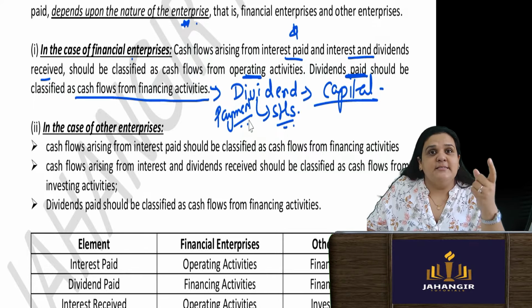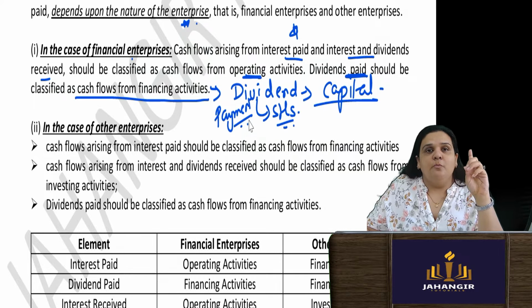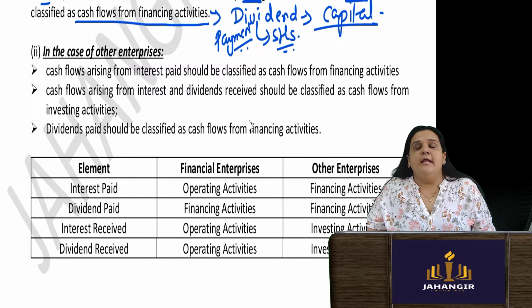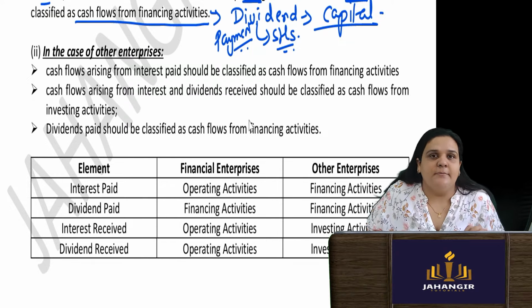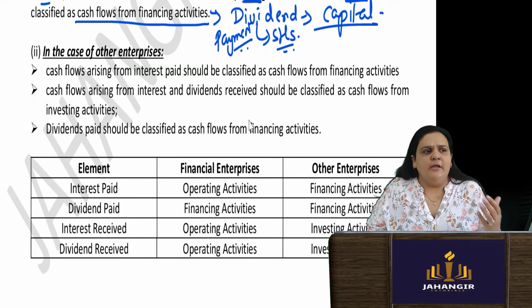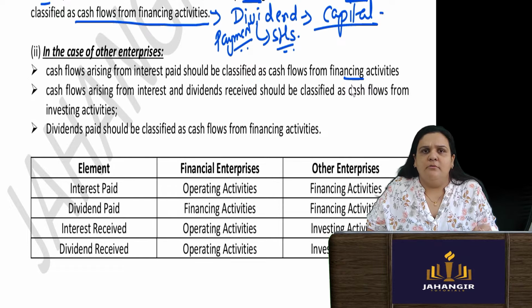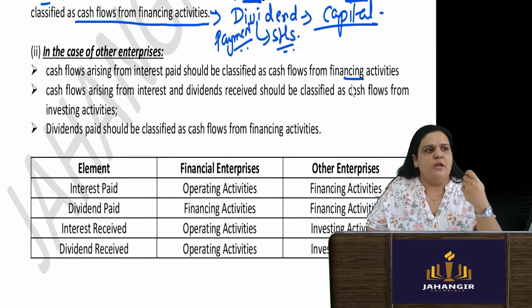But otherwise, receipt of dividend, receipt of interest, or payment of interest will be classified as an operating activity if it is a financial enterprise in nature. For all other enterprises, interest paid should be classified as cash flow from financing. Interest paid, yes, because you must have taken a loan and you are paying interest.